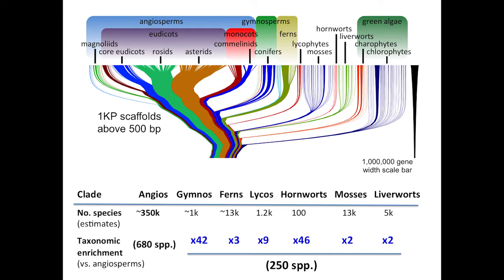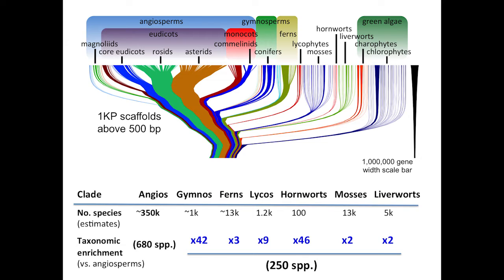This is the whole tree, and as you can see, most of the gene diversity that was sampled is present in the angiosperms, and that's just a function of most of the species being in angiosperms. But in fact, we oversampled in the non-flowering land plants.